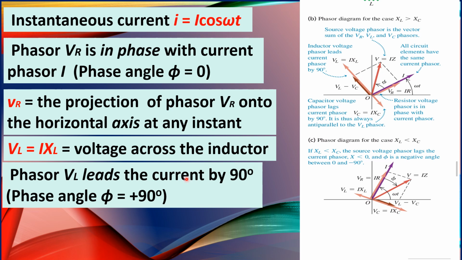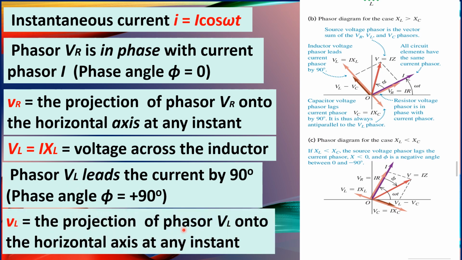And the projection of that phasor inductive voltage V sub L is represented by small letter v sub L, the projection of the phasor capital V sub L onto the horizontal axis at any given instant.